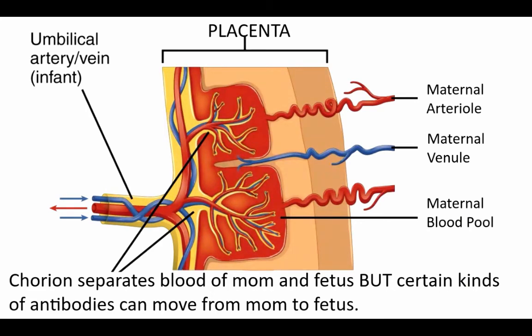Now, antibodies can move across that, and that's important, because that's part of what protects the fetus, because the adaptive immune system doesn't really develop until after birth. It's what protects the fetus from things like influenza. It's why, for most vaccines, women are recommended to get them.